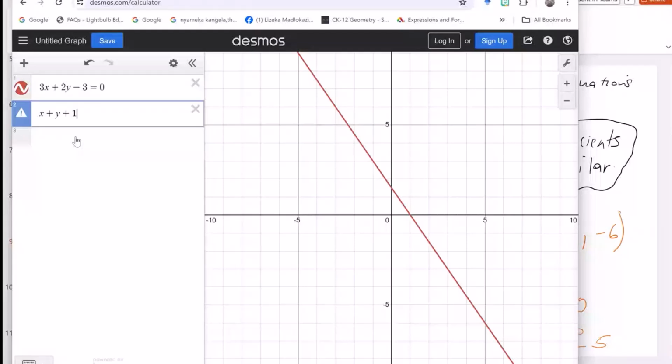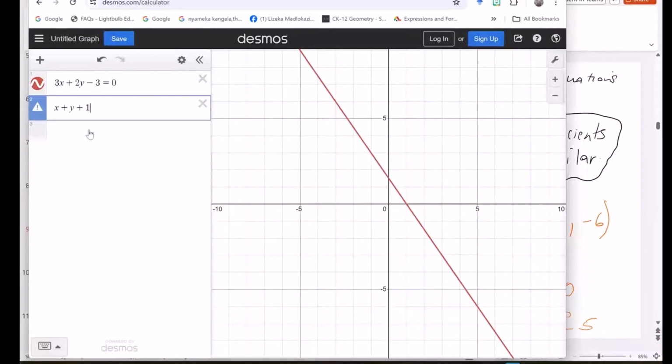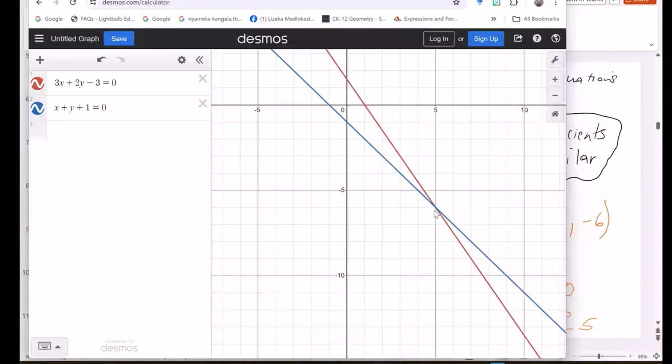So now those are your two functions. You want to check the point of intersection where they intersect. That's the point of intersection. You click here. There is where they are intersecting. So they're intersecting at 5, comma, minus 6.